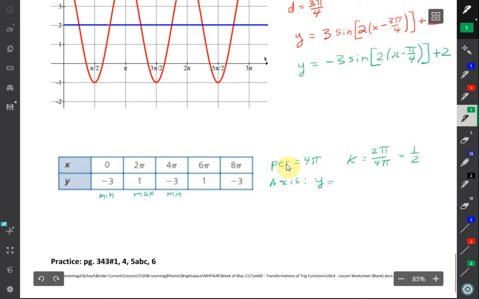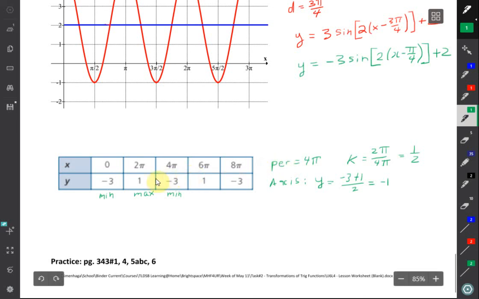Y equals the maximum or the minimum, it doesn't matter which one you start with, since we're adding, minus 3 plus 1 all over 2. That gives me minus 2 over 2, which is minus 1. Then I want to make sure that that's really halfway in between. Minus 3 to minus 1 is 2, and minus 1 to 1 is 2. So that's our axis.